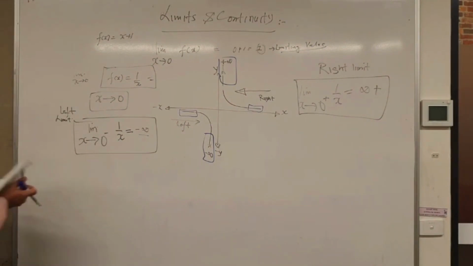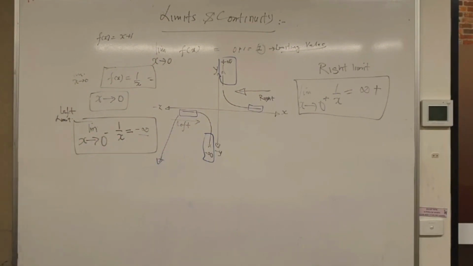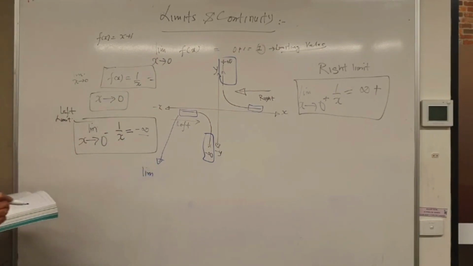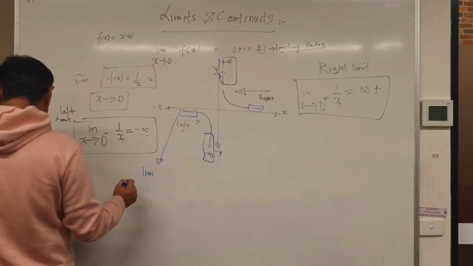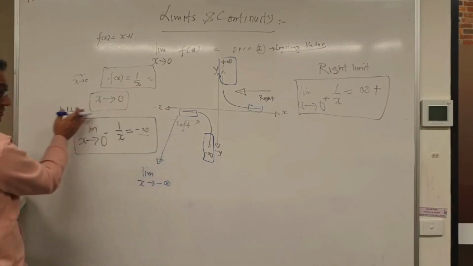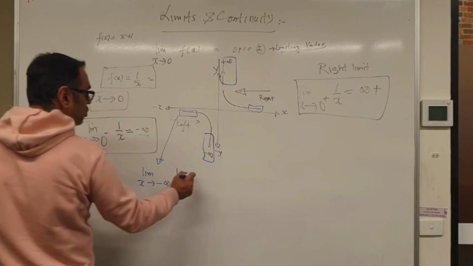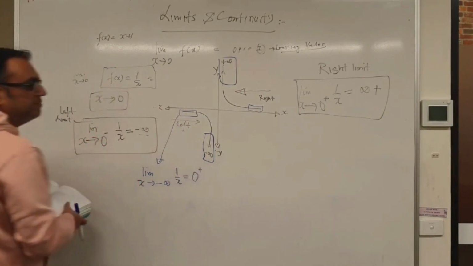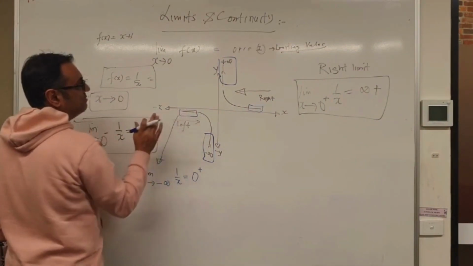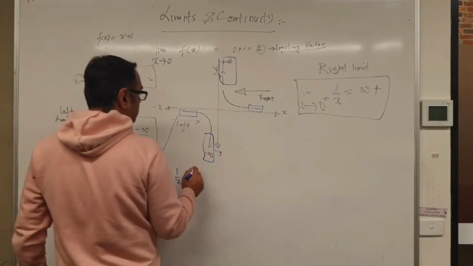Let's write the limit for this one. Can I say limit x tends to negative infinity? It's going to the negative infinity. 1 over x, or my f of x, tends to 0 positive. Sorry, 0 negative, my bad. 0 negative.